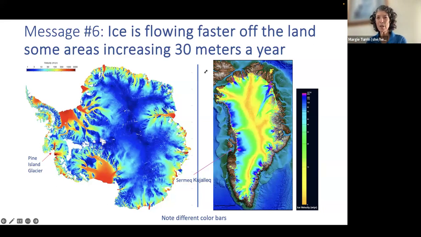And they're even respectful of the fact that I totally butchered the way to say that, because they just want to make sure that they're recognized. So they're very forgiving of that, just in case you wondered. So again, these fast flowing areas are increasing as they move and moving more ice off the land into the ocean.